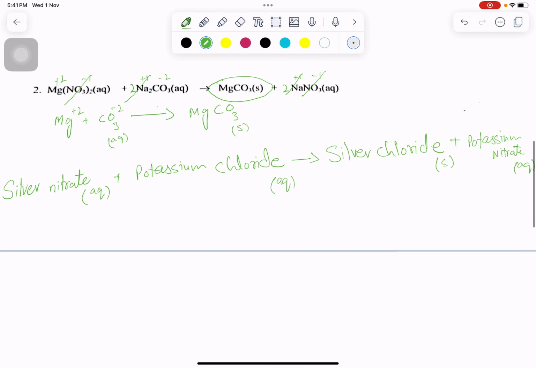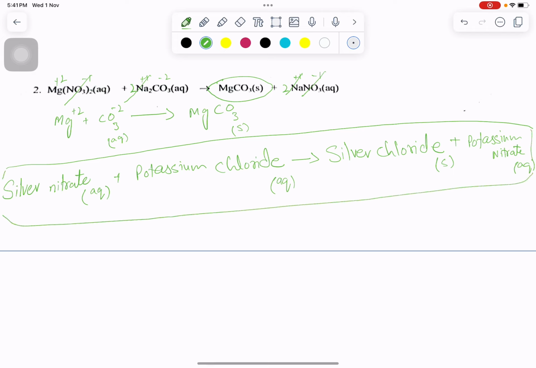And now here you have the third type. If you are given this type of equation, what you are going to do, you have silver nitrate, AgNO3.